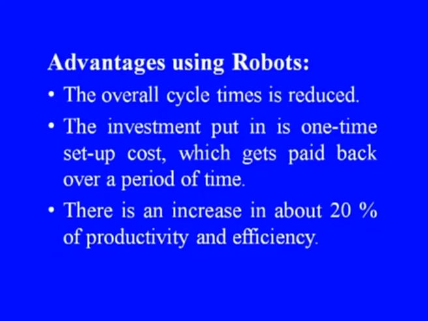Let us quickly look at the advantages that one can derive using robots. The overall cycle time can be reduced. This is a very important factor as far as the yield of the factory is concerned. The investment put in is a one time setup cost.